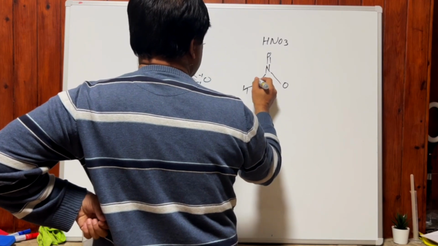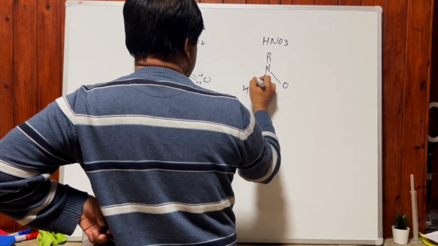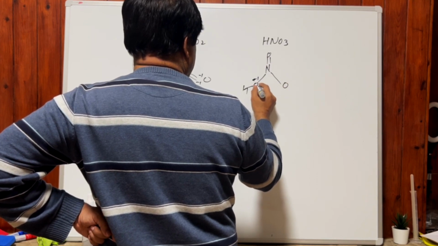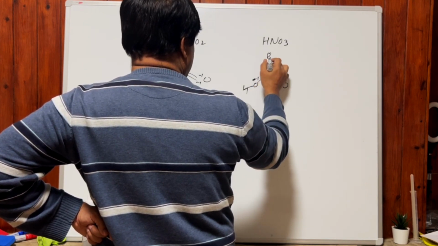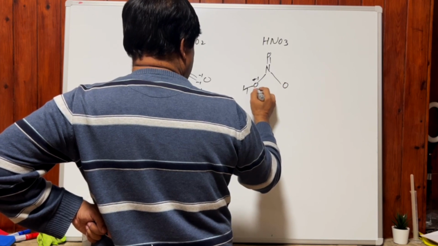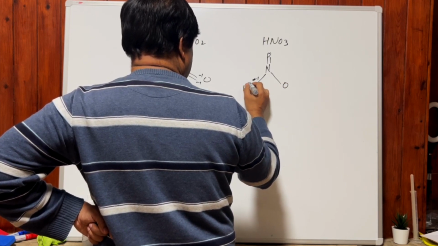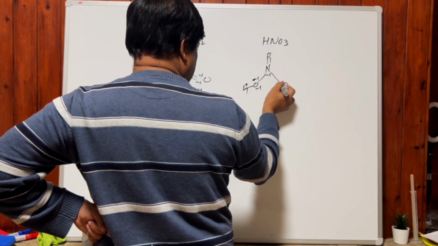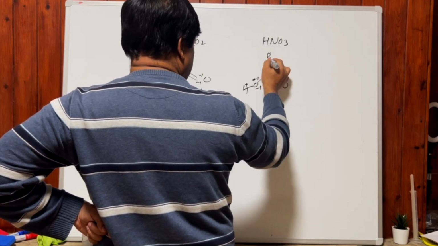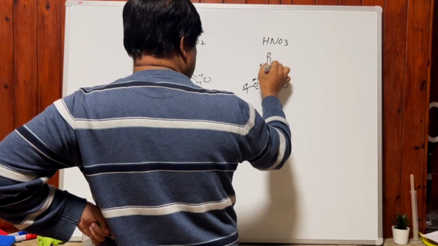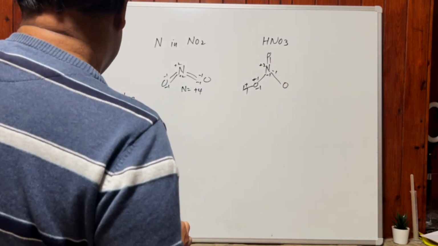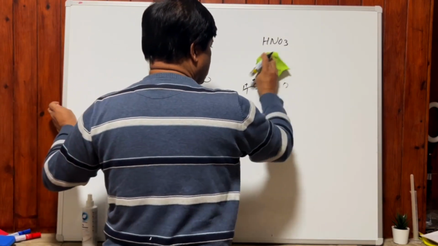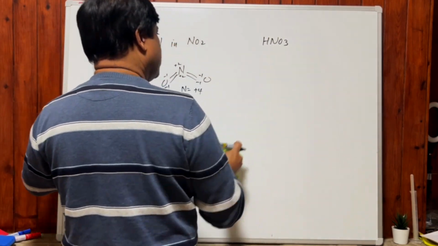Plus 1, minus 1, minus 1, 3 hydrogen. Minus 1, plus 1, minus 1, minus 1, minus 1, minus 1, plus 2. Okay, I don't think this works because of the dative bond.